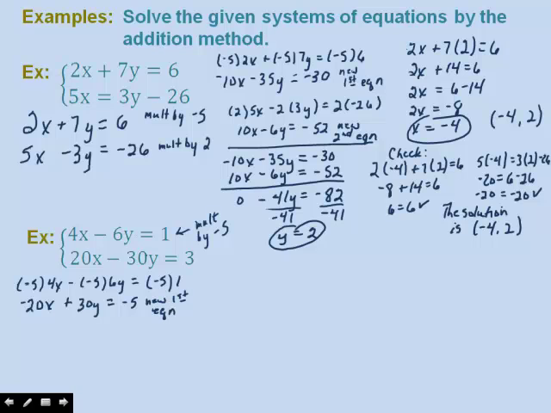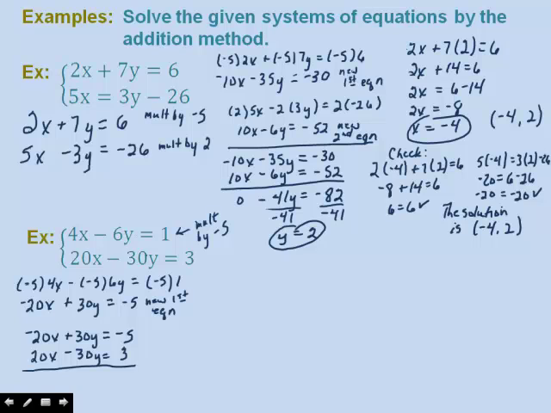Now if we rewrite our system, negative 20x plus 30y is equal to negative 5. Then our second equation was 20x minus 30y is equal to 3. So if we add our two equations together, look what happens.